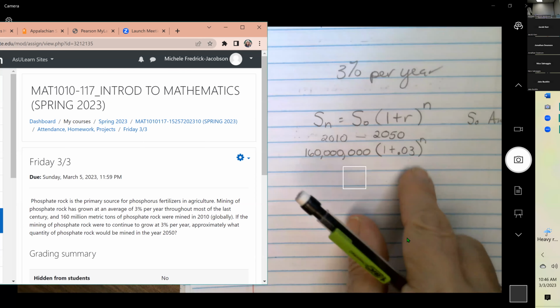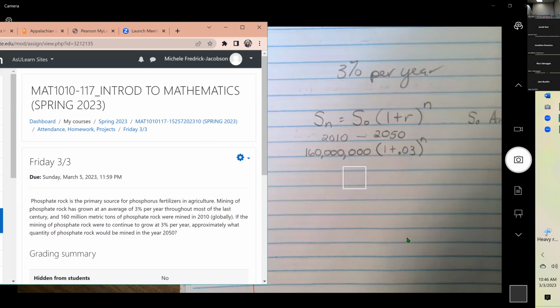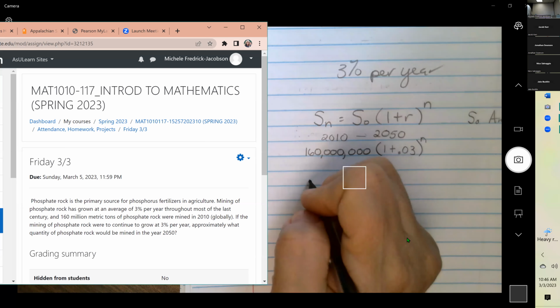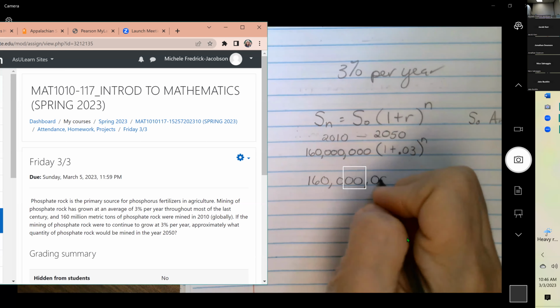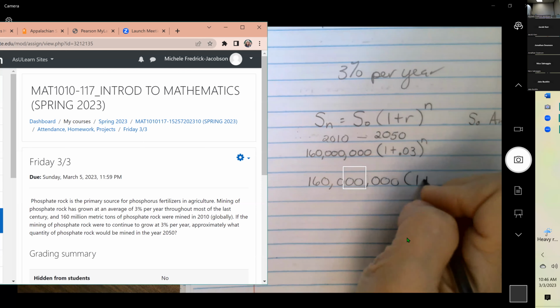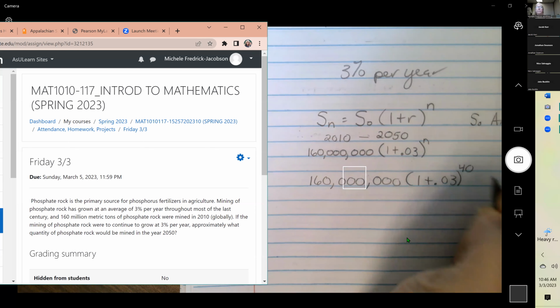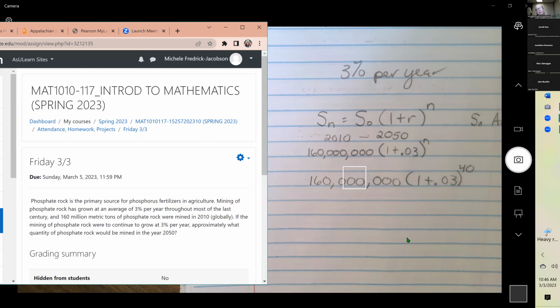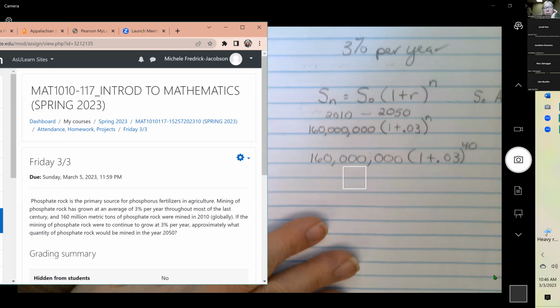So this has been increasing by 3% a year for 40 years. So then you would just put 40 in. And then just plug that into your calculator. Any questions on it?